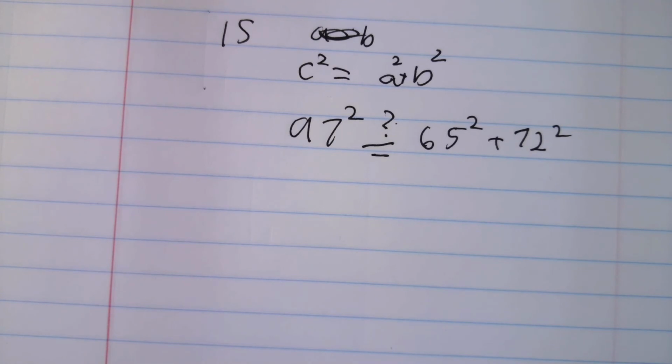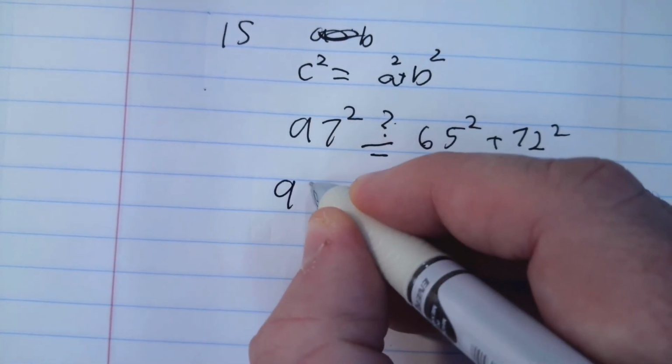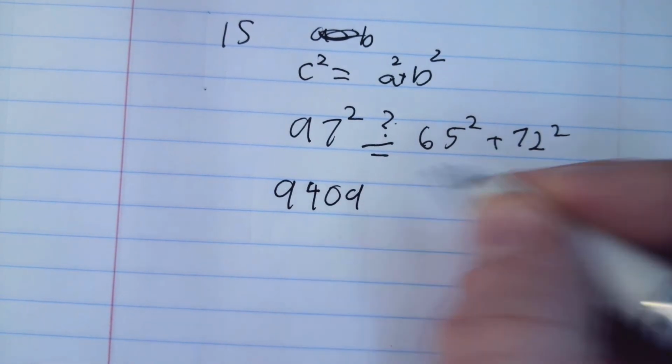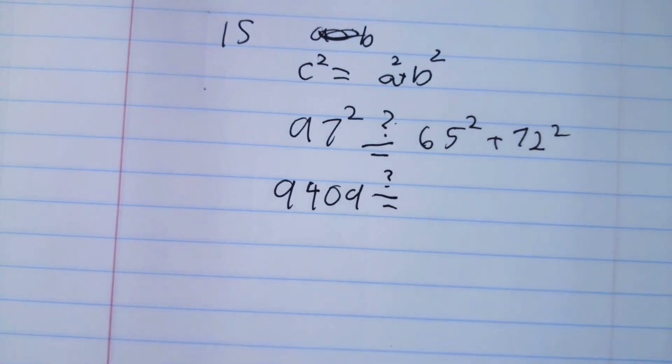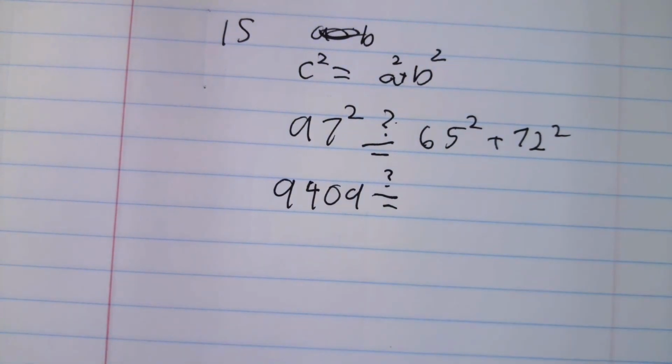All right, 97, that's 9409, that's what I mean, 65, and honestly you can just put that on the calculator if you want to. I'm not going to do it for the example, but you can.